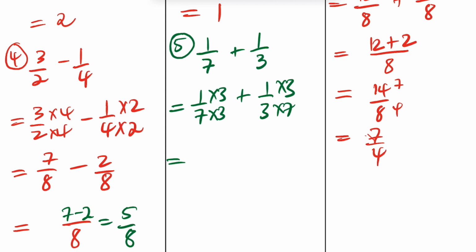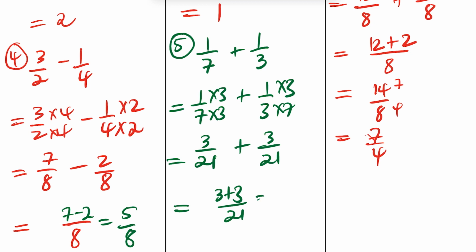So this fraction is going to be 3 over 21 plus 7 over 21. So denominators are the same. We take one denominator, which is 21, and then we add the numerators, 3 plus 7, which is going to be what? 10 over 21. There's no common factor between the two. That's how you add and subtract fractions.